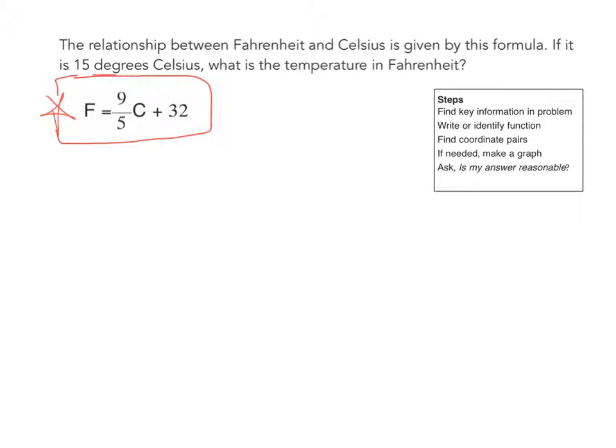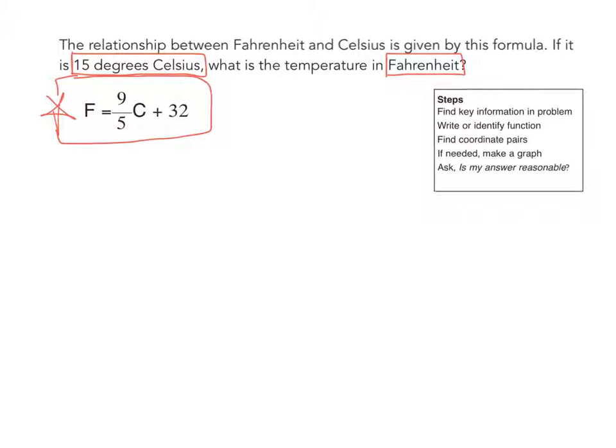If I go back and read the second sentence, it gives us the prompt for our question. If it is 15 degrees Celsius, what is the temperature in Fahrenheit? So we're trying to go from Celsius to Fahrenheit. Well, let's look at our formula for a second. I have F in here, and I have C in here as a variable.